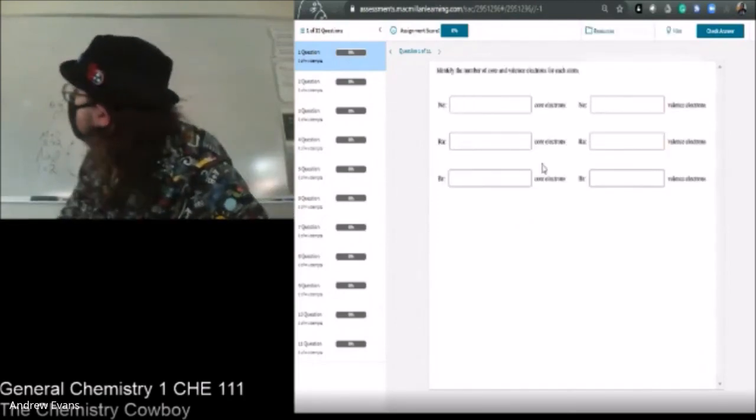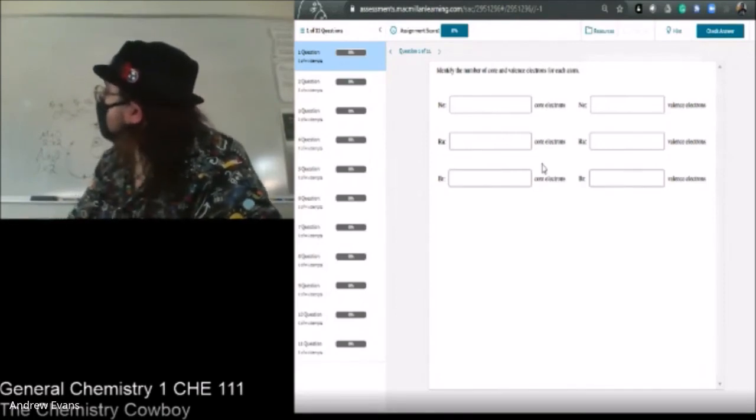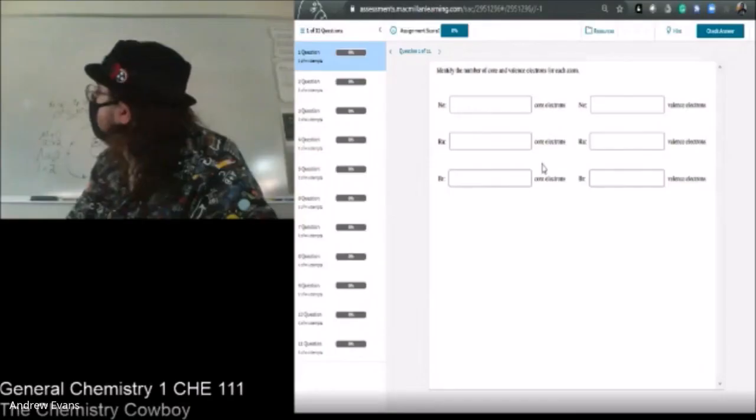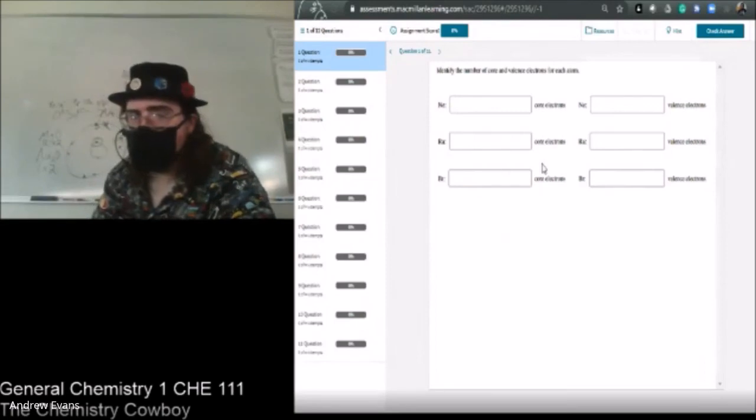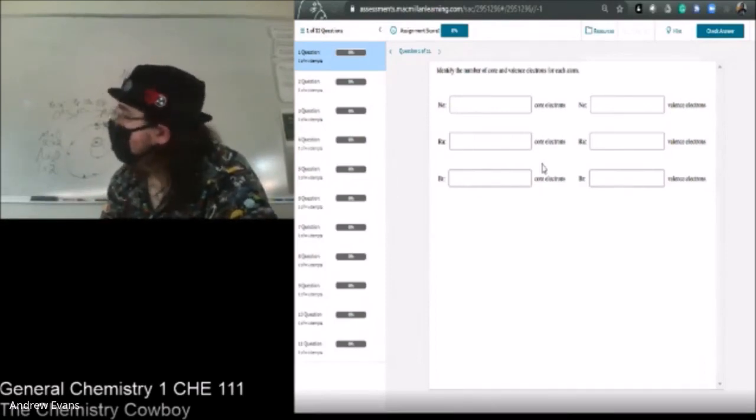Here they ask us to recognize, for the following elements, the core electron count and the valence electron count. Remember, the core electrons are every electron before the last row it's on. So neon would have 2 core electrons and 8 valence electrons. The S and the P would be those.